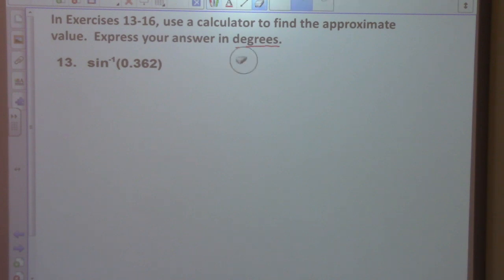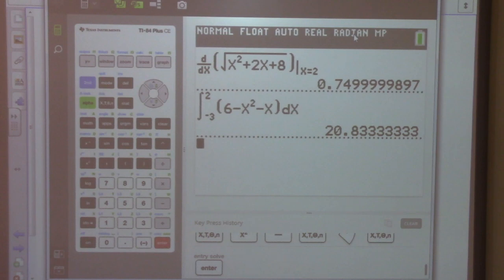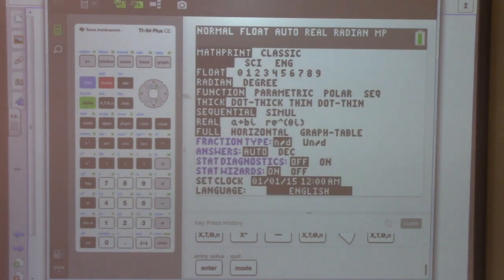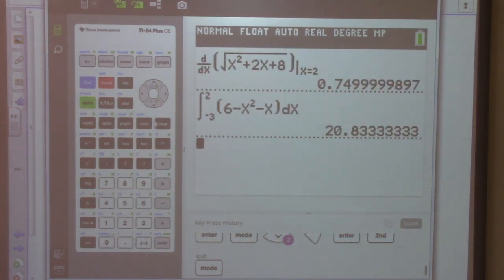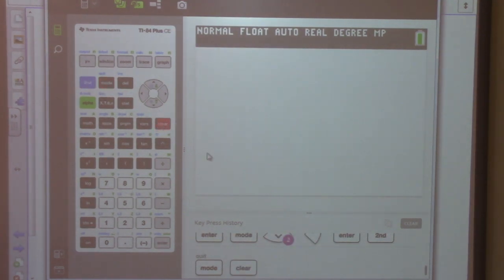For that, we can go to our calculator, and we have to make sure our calculator is in what mode? Degrees. So I'm going to go down here and change that to degrees. And I want to come back here, and it's inverse sine of 0.362. This is the answer to the question, what angle produces a sine of 0.362?